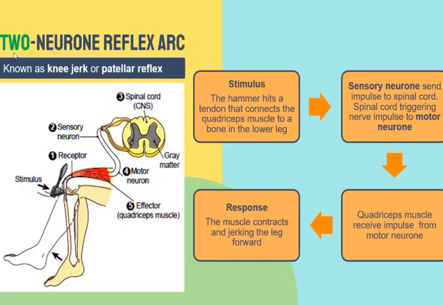Okay, these are referred to as the two neuron reflex arch. An example of the action is the knee jerk, or patella reflex.